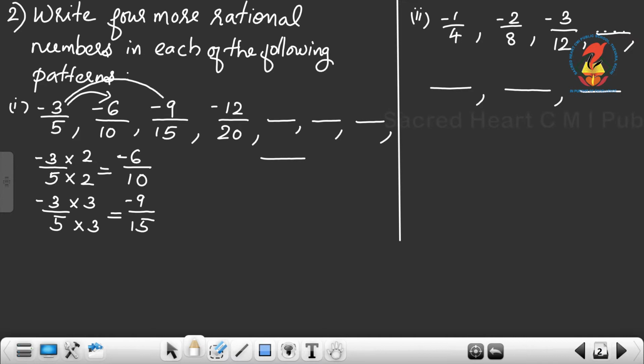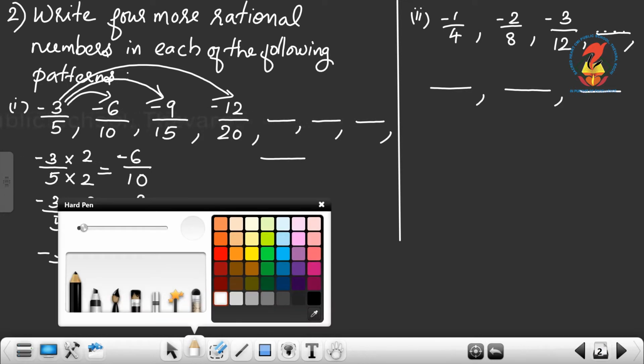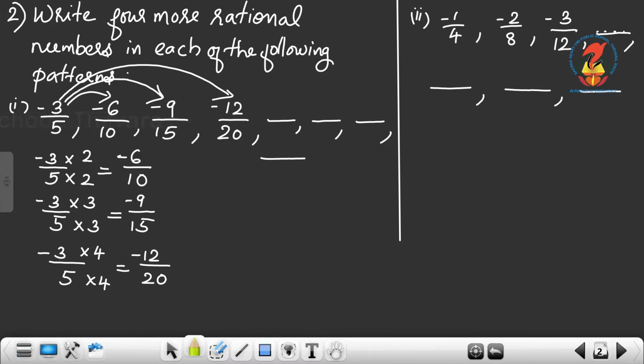So the first and the third one. Again, the first and the fourth one, is there any relation? Now look at that. Negative 3 by 5. So when you multiply with the 4, we will get negative 12 by 20. So what did we understand from this? When we multiply the first one with 2, we get the second rational number. With 3, we got the third.